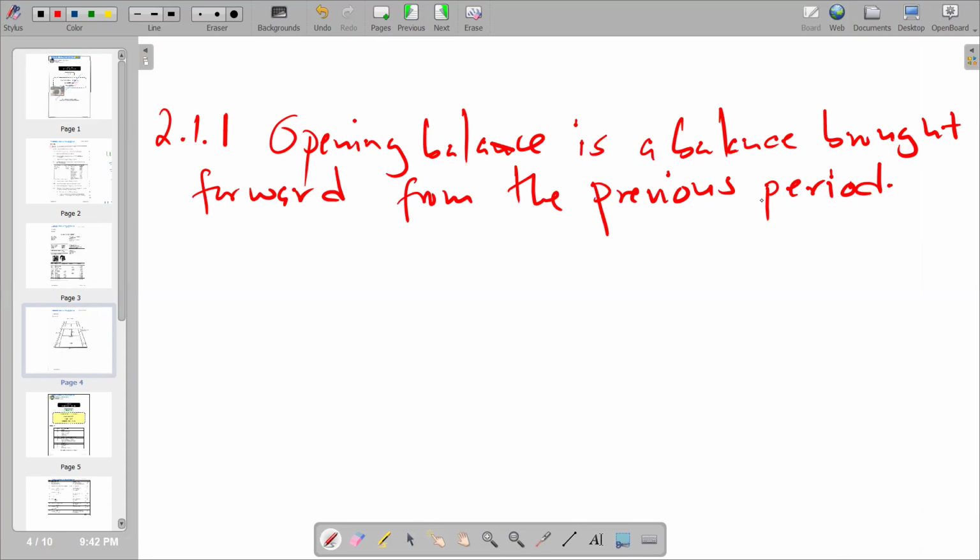It will be the closing balance at the end of the previous period. So in the recent period, it becomes an opening balance.